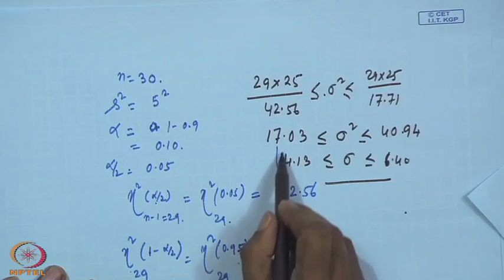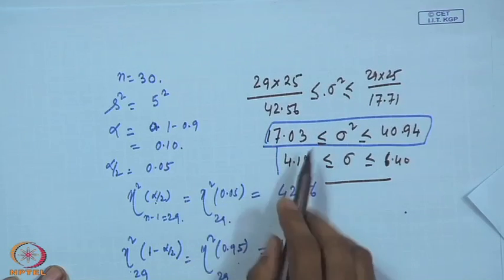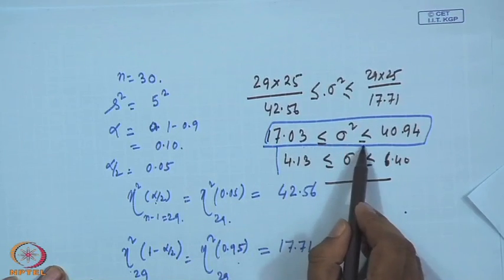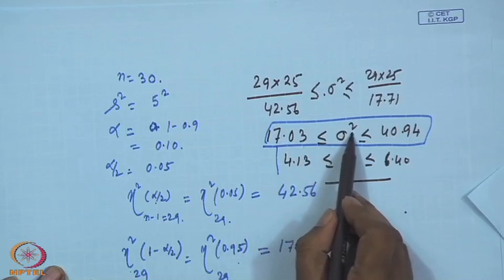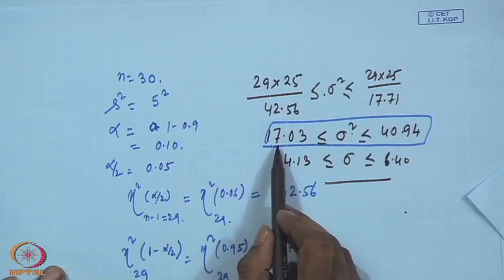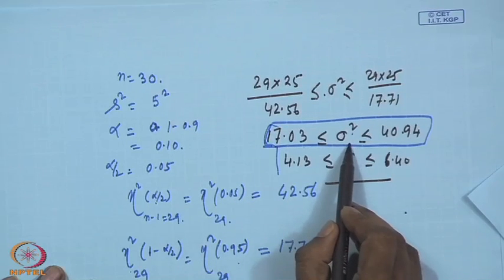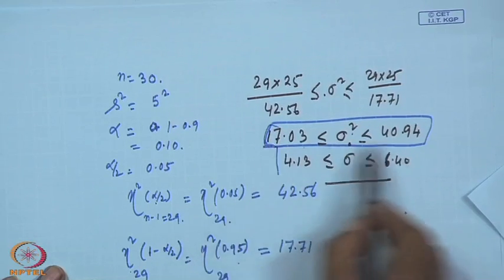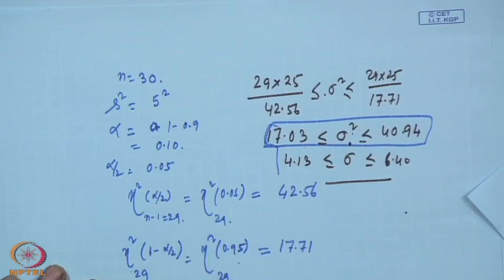For example, in the variance case, whether you consider variance or standard deviation, we are 95% confident that the population sigma square value lies somewhere in between this. Sir, logically the point estimate value will always be inside the interval.